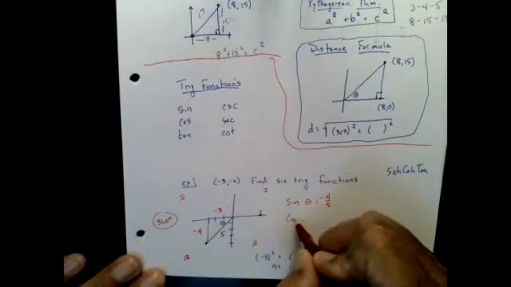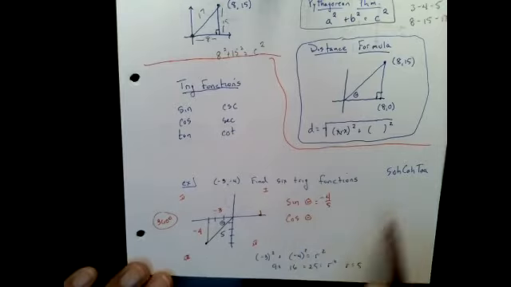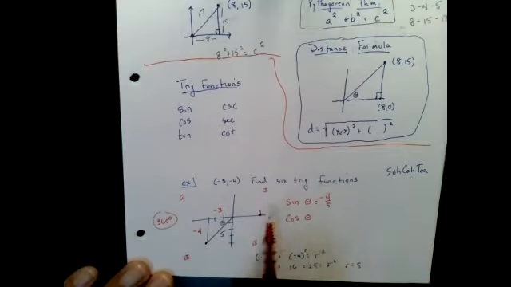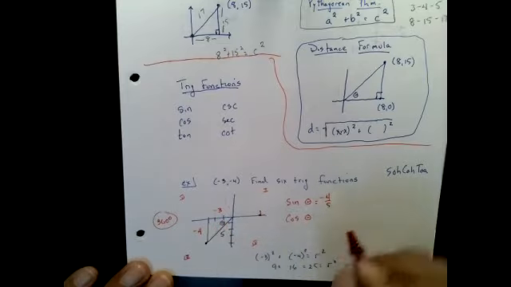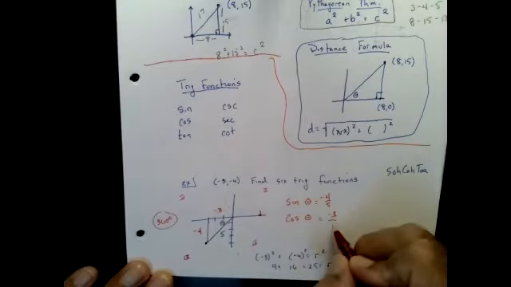What is the cosine of theta? The cosine, adjacent over hypotenuse. Adjacent, so here's my angle. Adjacent is the leg beside the angle. That's going to be -3 over hypotenuse.